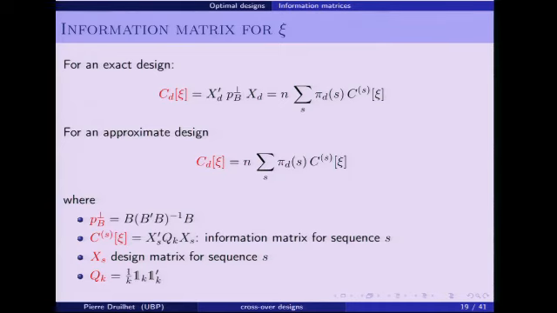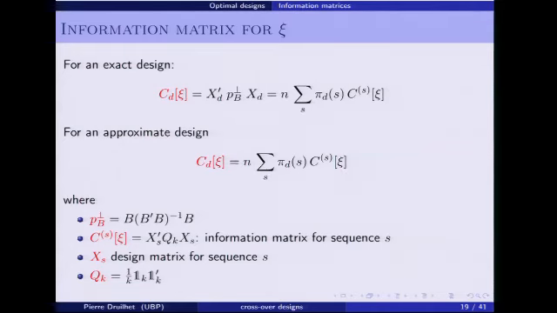Now I will speak about the information matrix. First, for the whole parameter, which is simply like in block design, you have X prime D X. This is a projection onto the orthogonal of the space generated by the block structure, and X. But we can split it into the sum over the sequences of the information matrix for each sequence, multiplied by the proportion of its sequence, and also multiplied by n.